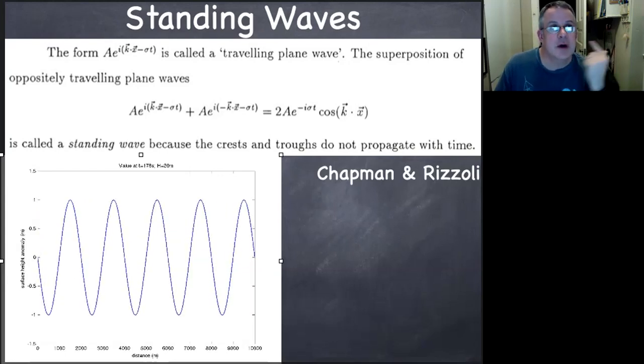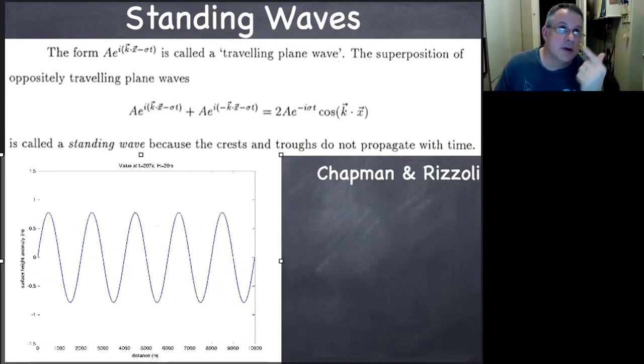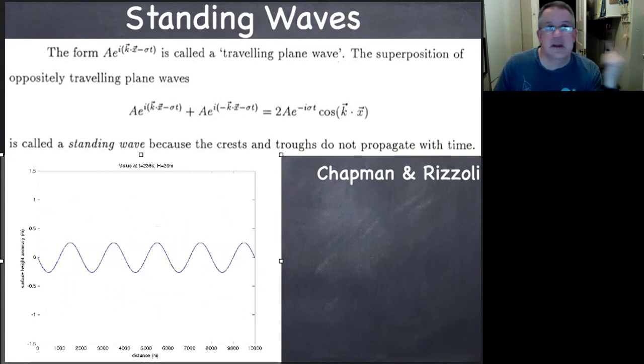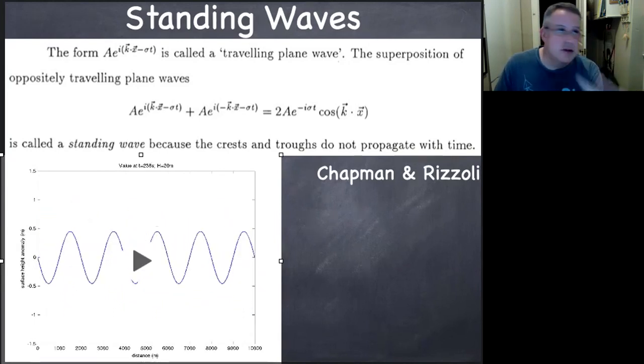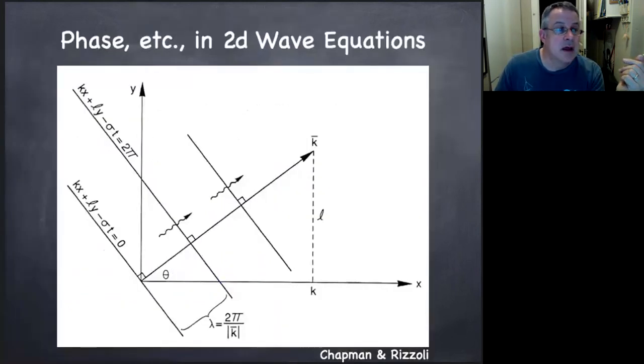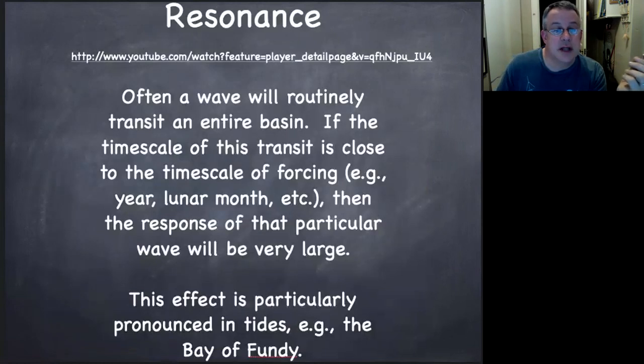If it's going around once per lunar day, or twice per lunar day, you're just going to spin it up and spin it up and spin it up, and it's going to get bigger and bigger. That's how it works in the Bay of Fundy. That's why the tides are so large there. This effect is basically the reason why places that have big tides have big tides.